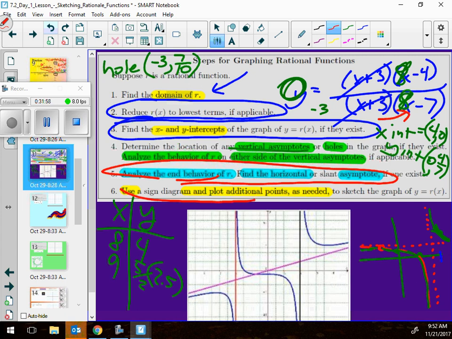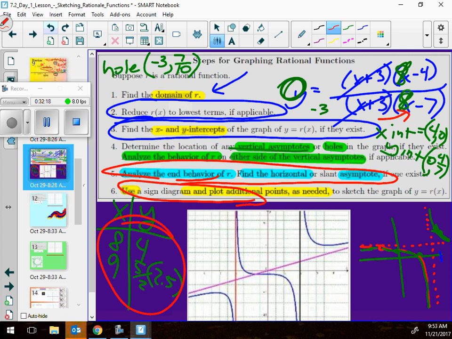I personally would say not the sign diagram as much as an XY chart. The sign diagrams will be handy. I'm glad I showed them to you, but that's going to be more when we have functions that are greater than or equal to 0 instead of just graph this function. XY charts solve everything.